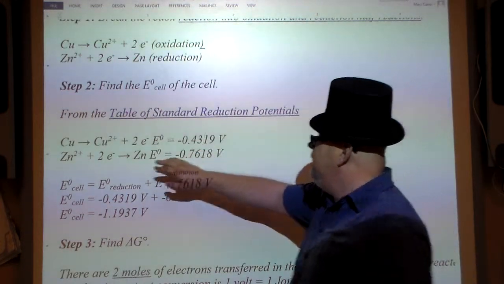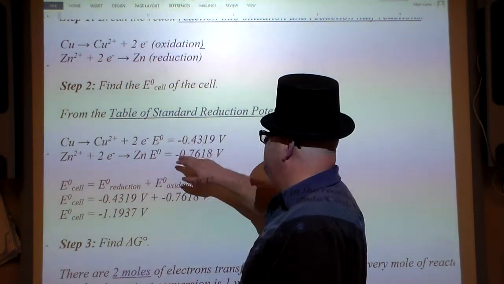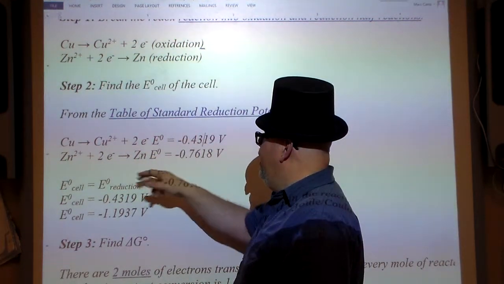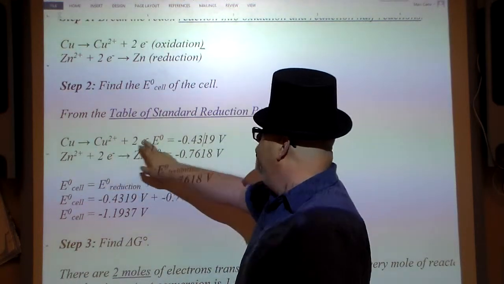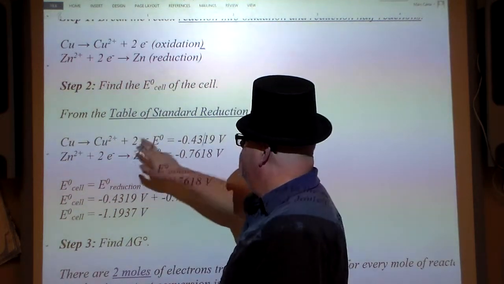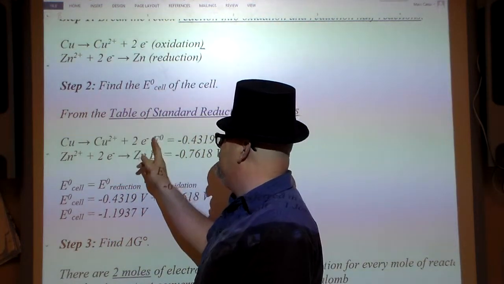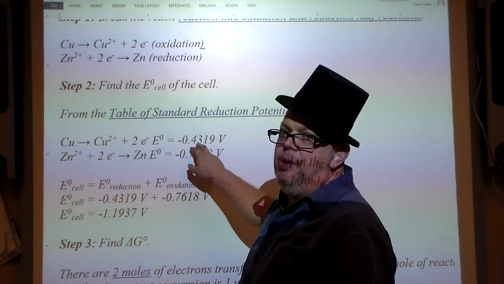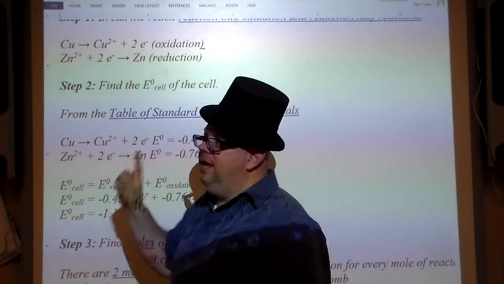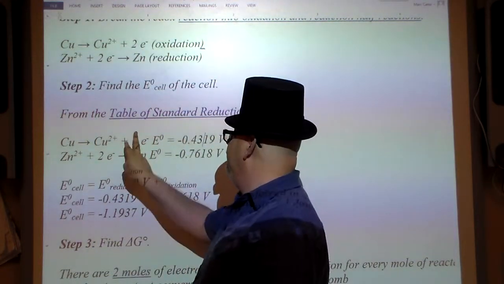Now, in this case here, you may notice that both of these happen to be negative. Now, the fact is, if you look on the table here, if it were to go from copper 2 plus 2 electrons, it gets solid copper, this would actually be a positive number. But that's not happening. We have to flip it.